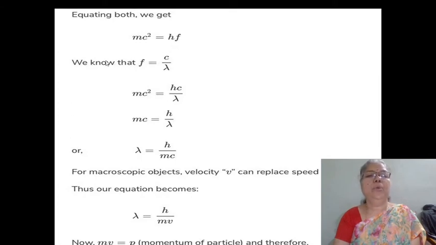Here again we know that frequency is the ratio of velocity of light divided by lambda.